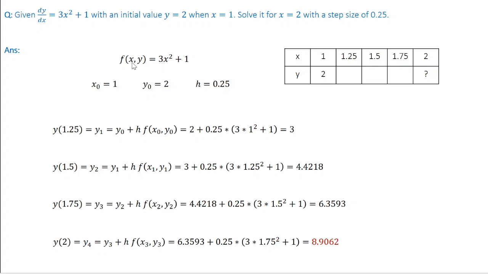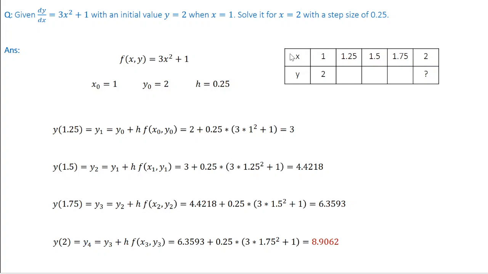Even though this is given as a general function of x and y, in our case this is only a function of x, so it doesn't matter. You are given the initial condition x naught equal to 1 and y naught equal to 2, and the step size is 0.25. You basically need to find the value of y when x equal to 2.